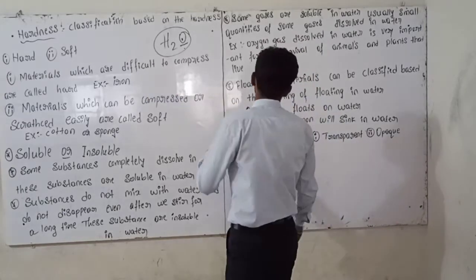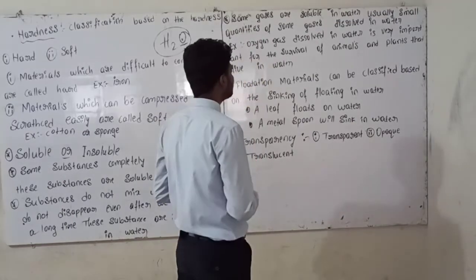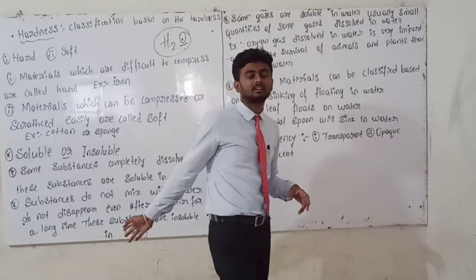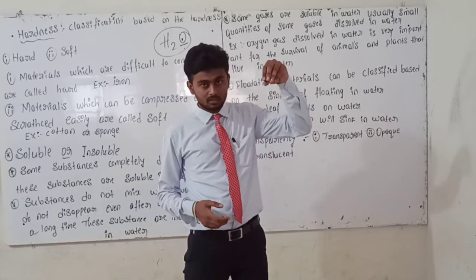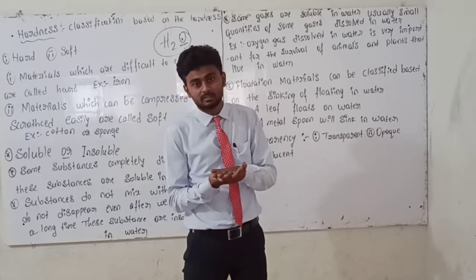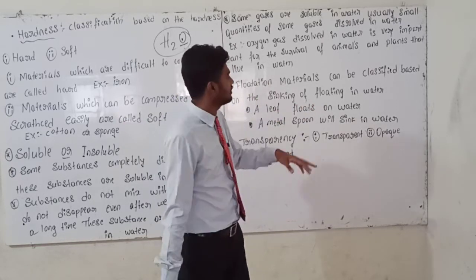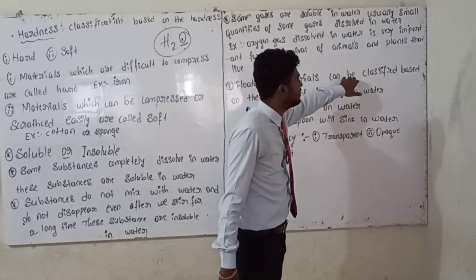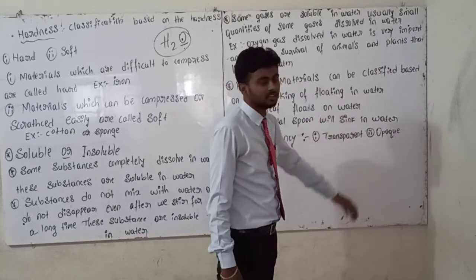Next one, flotation of materials. You can see in the last practicals, some materials stay in the downside of the water, but some materials float on the water. The materials can be classified based on sinking or floating in the water.